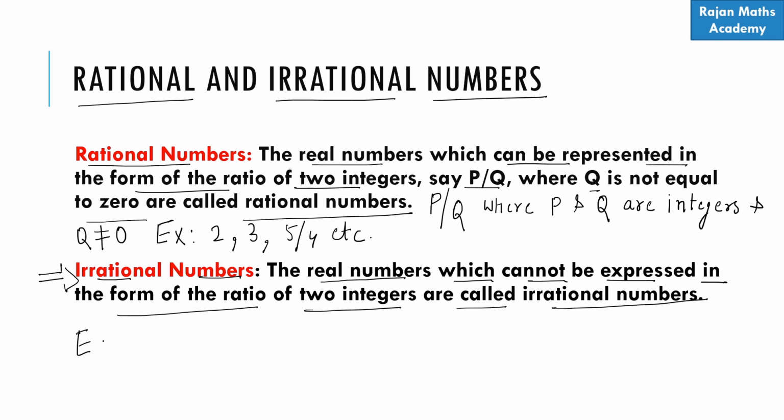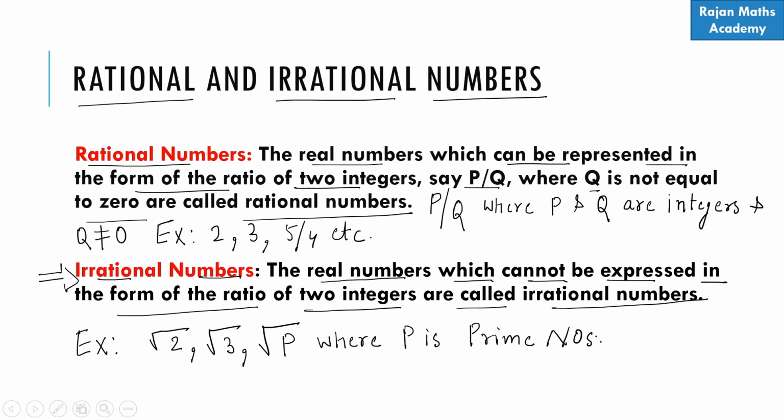Examples: root 2 is an irrational number, root 3 is an irrational number, and we can say root of p is a form of irrational number where p is any prime number.